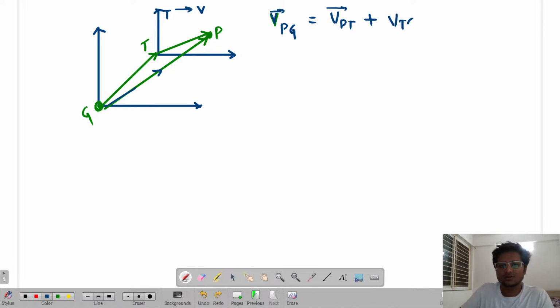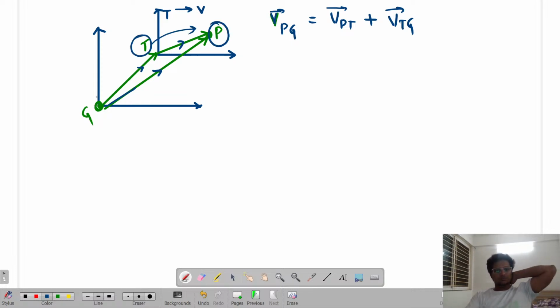Is that clear or not? If you can see it, you can write it perfectly. They are forming the vector pairs. Particle with respect to truck, truck with respect to ground must be equal to velocity of particle with respect to ground. They are creating some kind of a closed loop over here, isn't it?